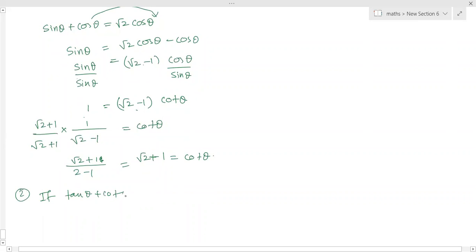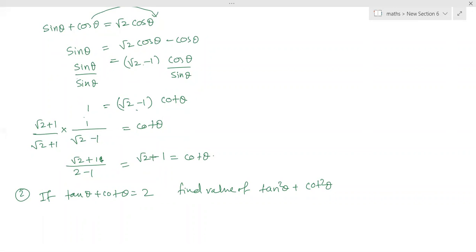If tan theta plus cot theta is equal to 2, find the value of tan square theta plus cot square theta. How to find out?